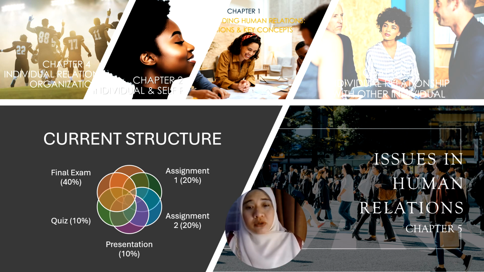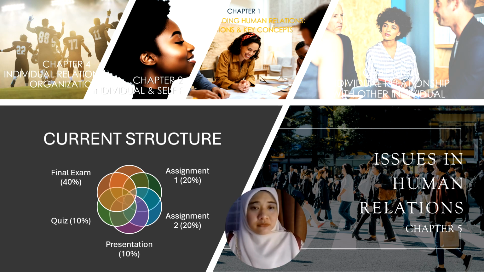Chapter 4 covers the individual's relationship with people in organizations. That's why it includes leadership, power and the issue of politics, organizational communication, job satisfaction and commitment, work design and networking.